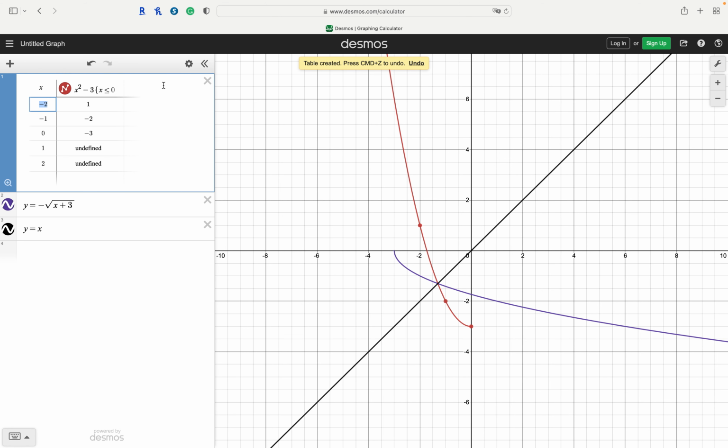And again, just supplying some ordered pairs here. I'll do it this way. So you've got 0, 1, less than or equal to 6. So you've got negative 1.